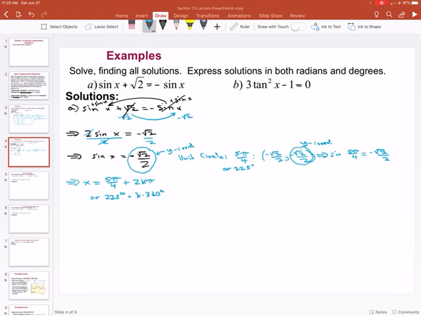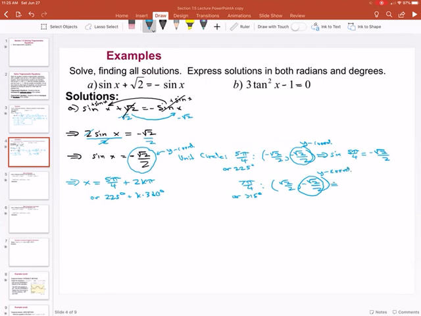Now again, it's not all of them. We also have, right, 7 pi over 4 if we're on the unit circle, or 315 degrees, right? We have the ordered pair of square root of 2, negative square root of 2. But there's that y coordinate that we're looking for, right? We want the y coordinate to be negative square root of 2.